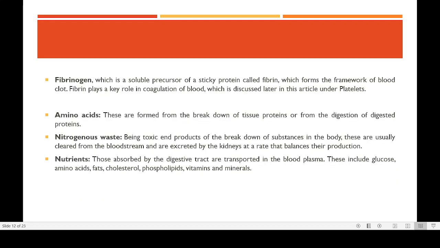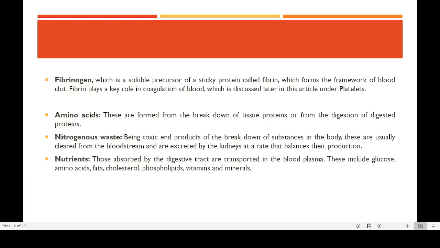Now, the third type is fibrinogen. Fibrinogen is a protein involved in blood coagulation or blood clotting. Here you can see that fibrinogen is a soluble precursor of a sticky protein called fibrin. Actually, in your blood, this protein is normally present as fibrinogen.